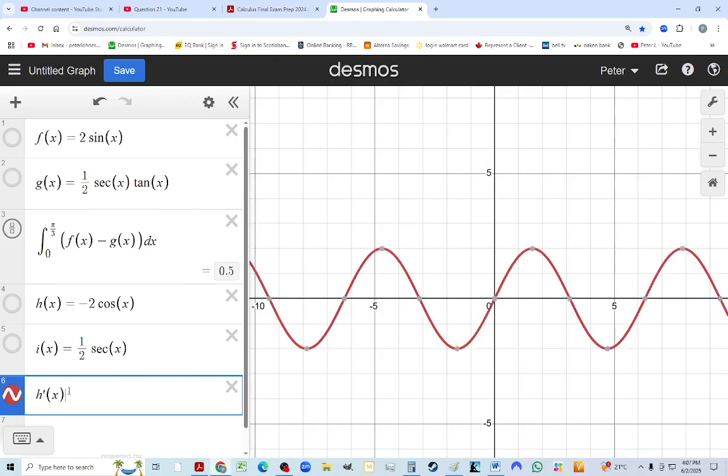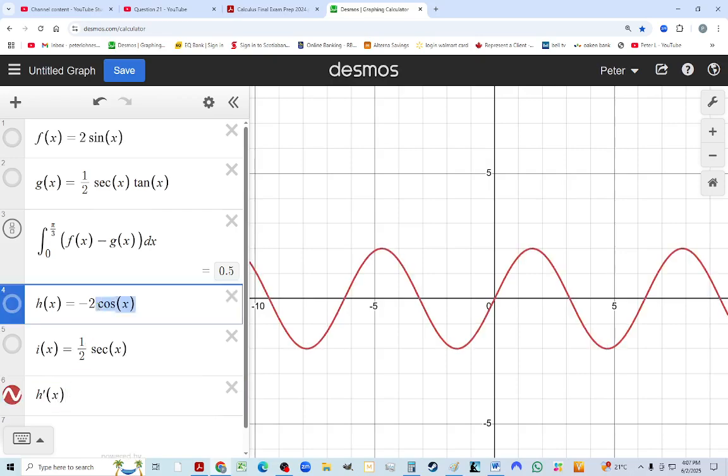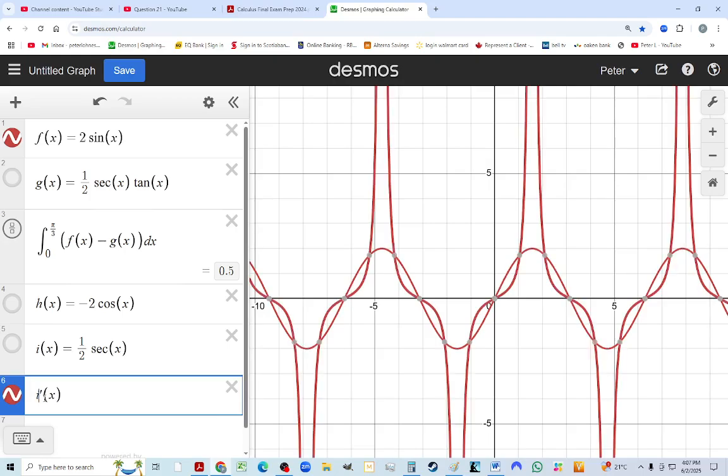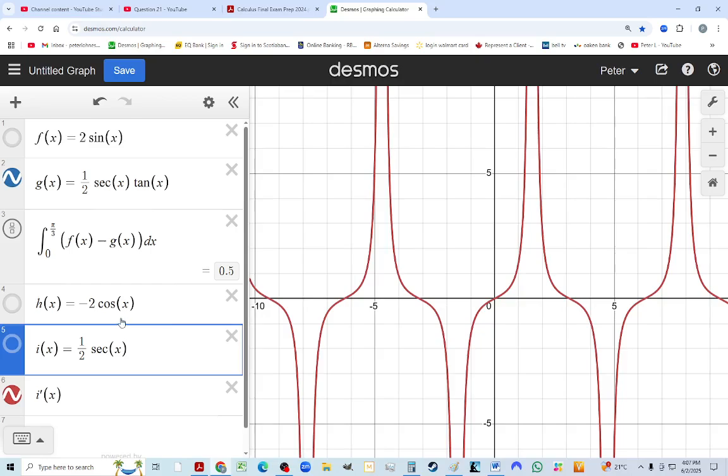So I'm going to take the derivative of negative 2 cos x, the derivative of h of x, and see if it matches my 2 sine x. It does. And then I can take the derivative of the i function, half of secant x, to see if it matches my g function. Yes, it does. Therefore, these are the correct antiderivatives of my functions.